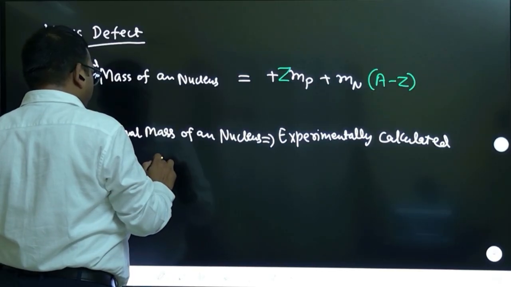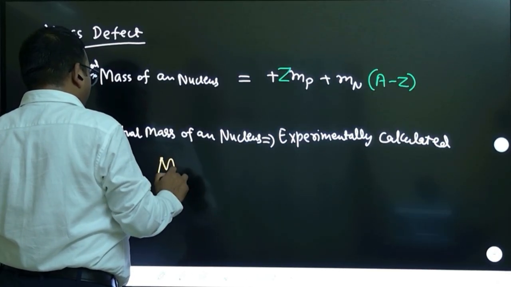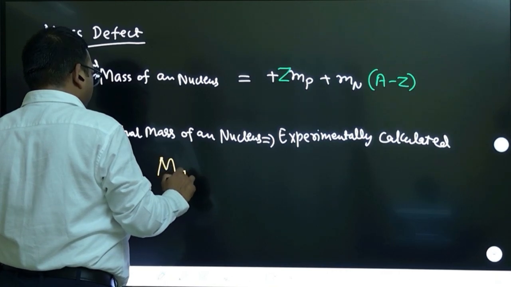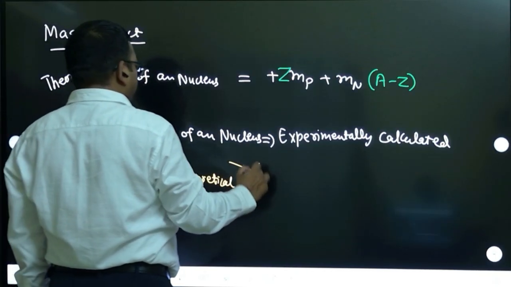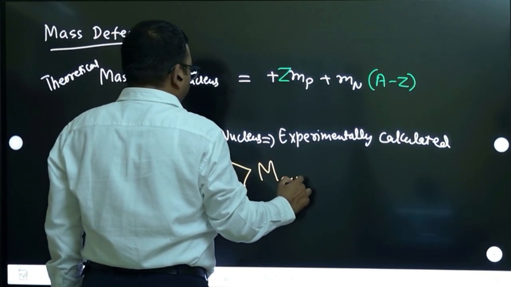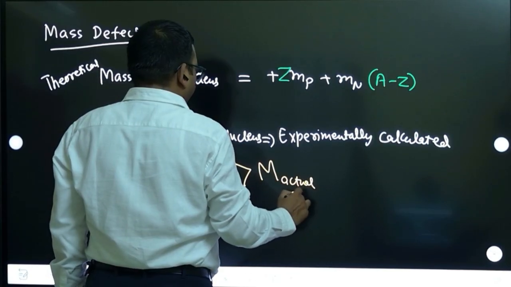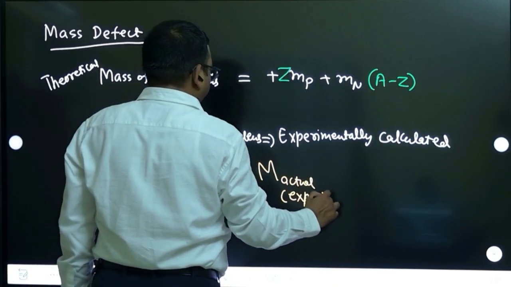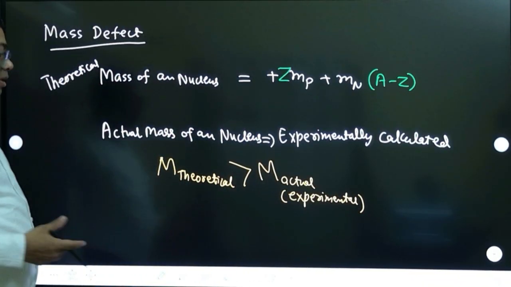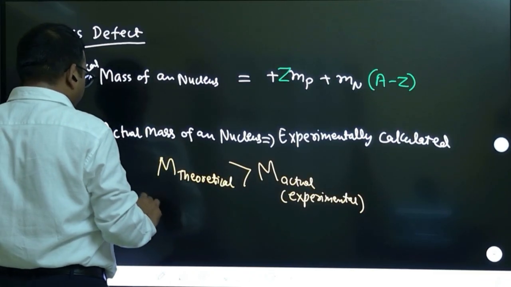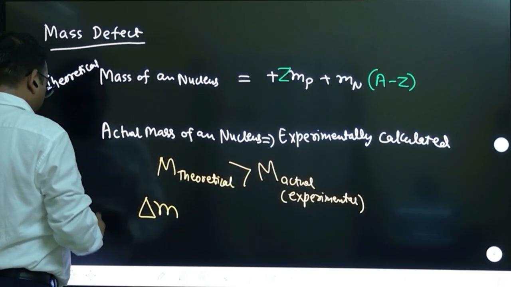First of all, you should know that the theoretical mass of the nucleus is larger than the actual mass, which is measured by experiment. So why is this difference happening, where is the mass going? That is what is called mass defect. Delta m is called mass defect.